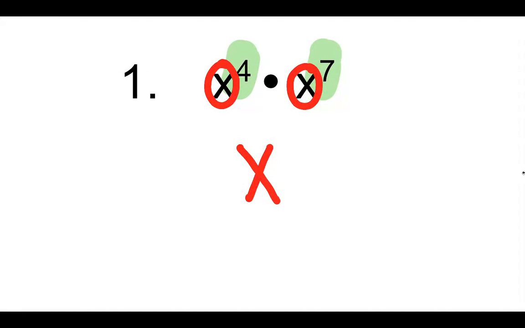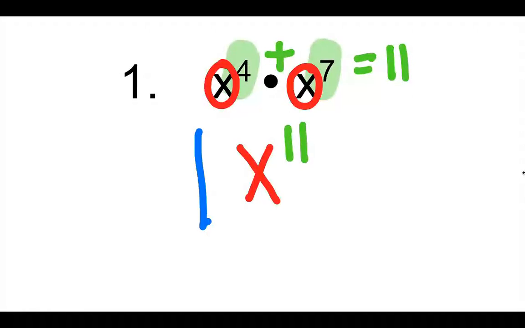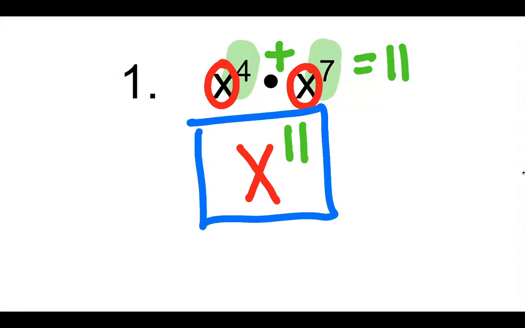Those are the little baby numbers. When I multiply, which is what I'm doing, I add those two exponents together. So 4 plus 7 gives me 11. So my new power should be 11. So there is my answer, x to the 11th power.